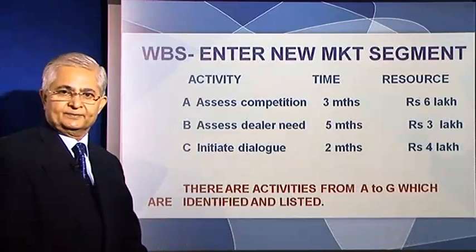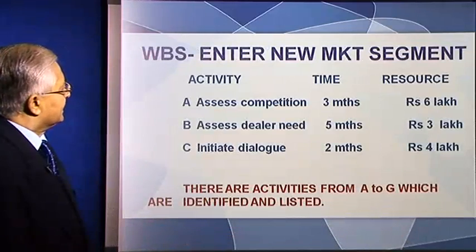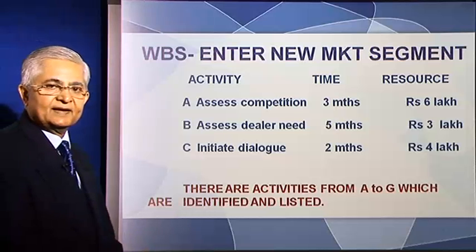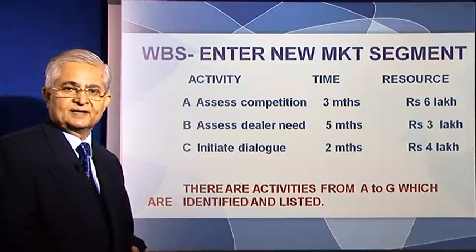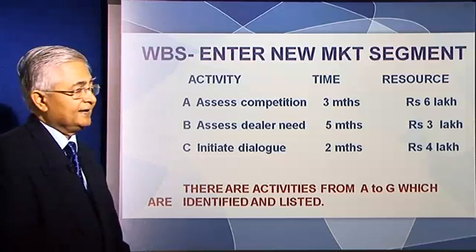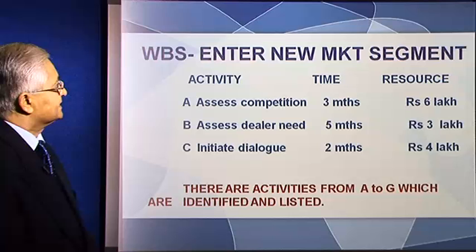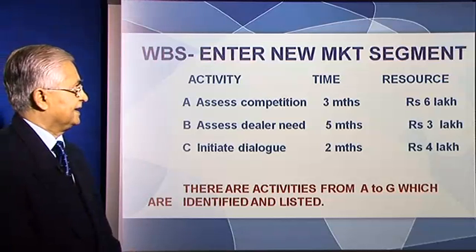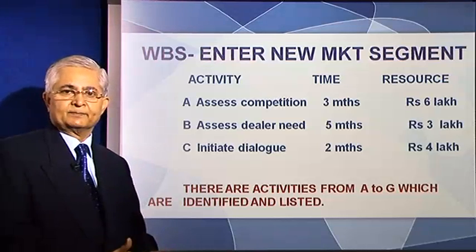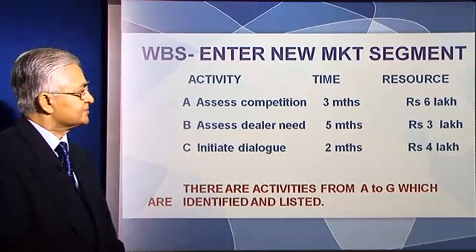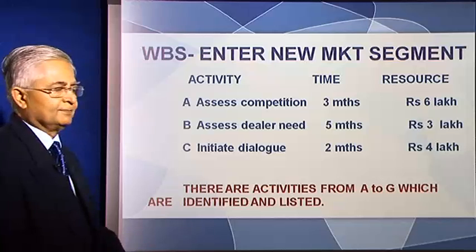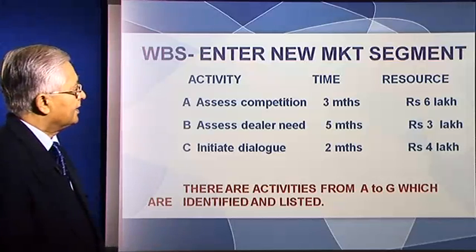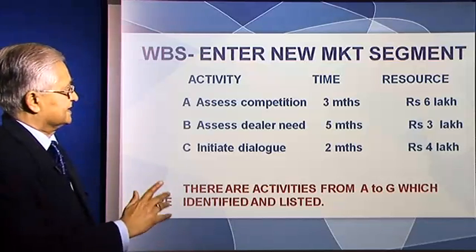Let's take an example. Let's say that the strategic option that we have chosen is to enter a new market segment. Enter new market segment is the strategic option that we have chosen. So, when we talk about strategy implementation, we are talking about implementing this process.